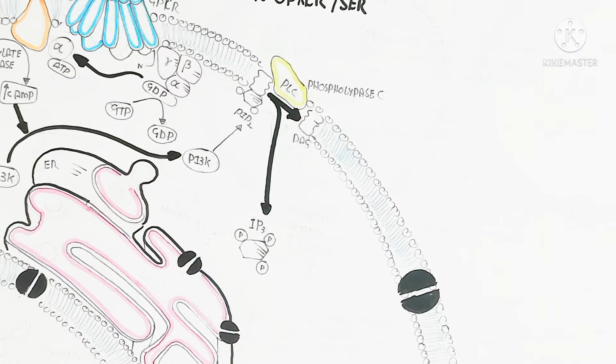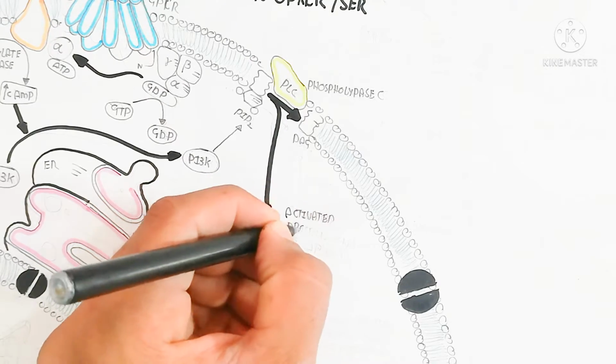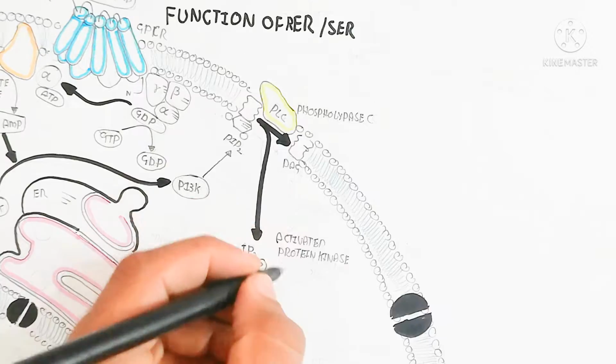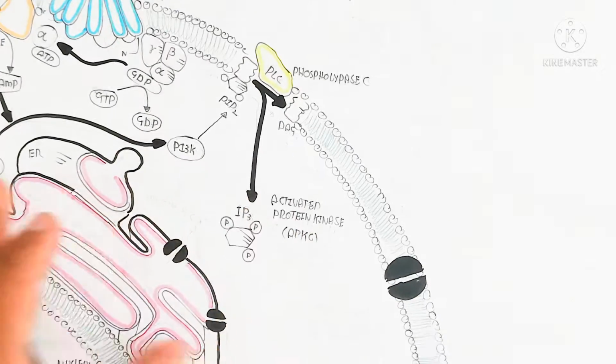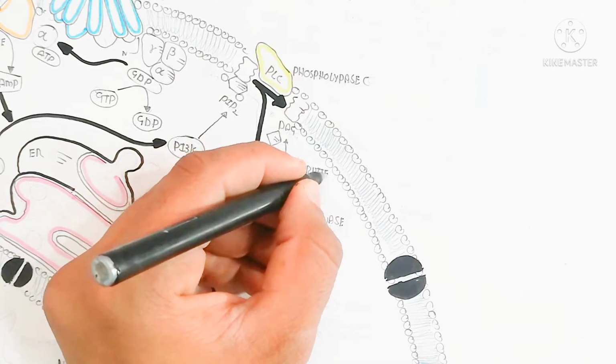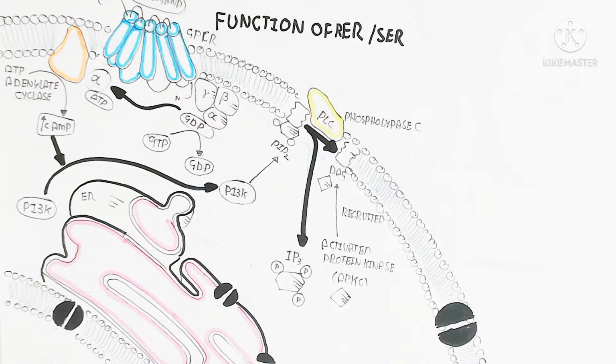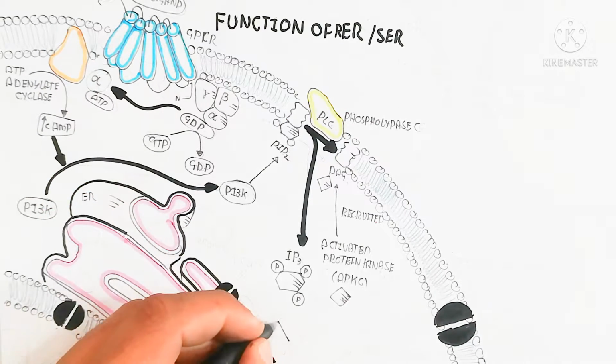This IP3 will bind with the IP3 sensitive calcium gated channel on the endoplasmic reticulum. Another protein, the activated protein kinase C, will be recruited to the DAG after the DAG formation for further processes.